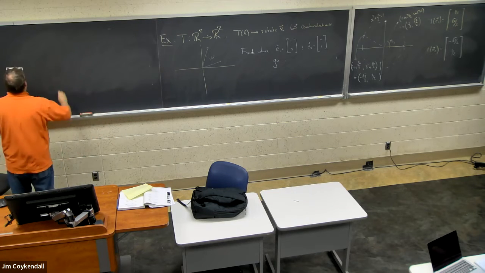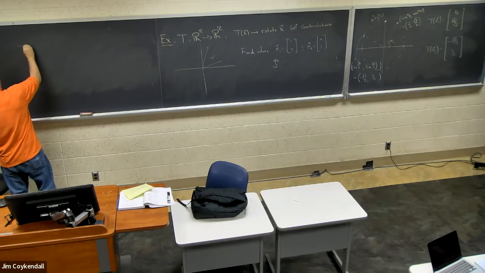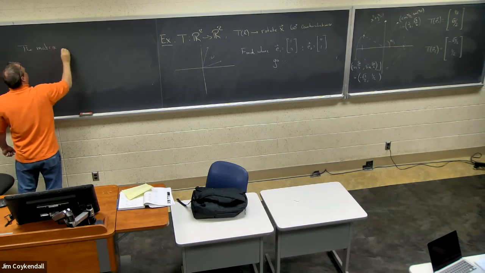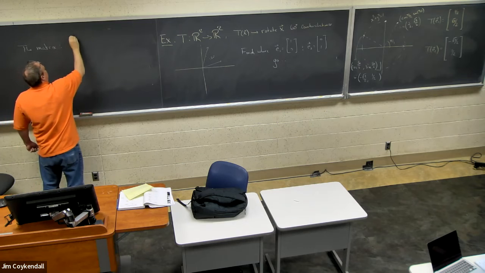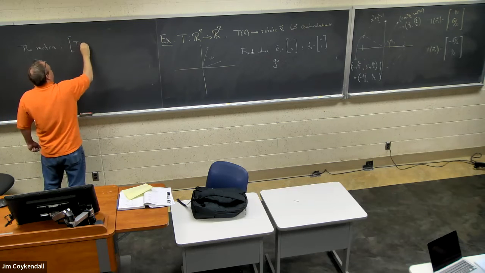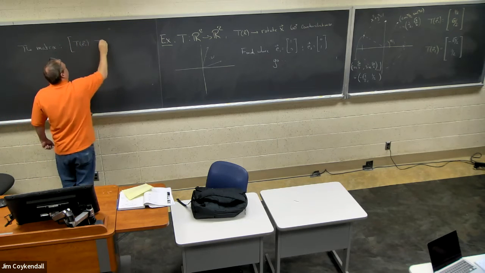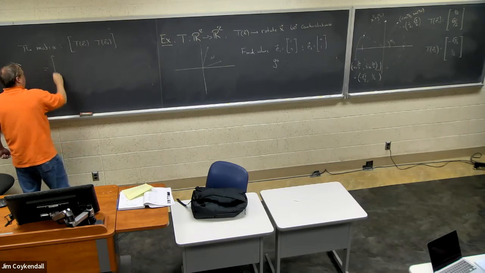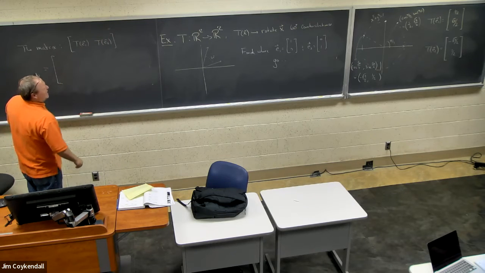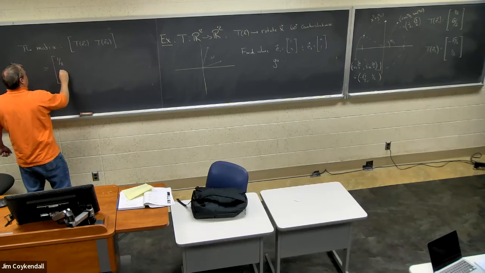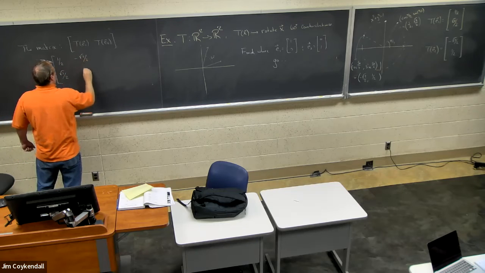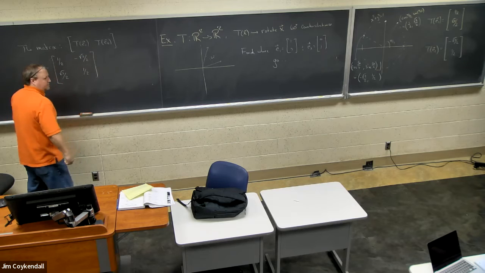So the matrix is 1/2, radical 3/2, minus radical 3/2, 1/2.